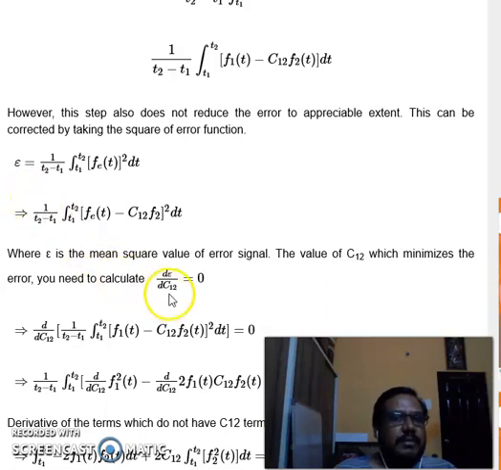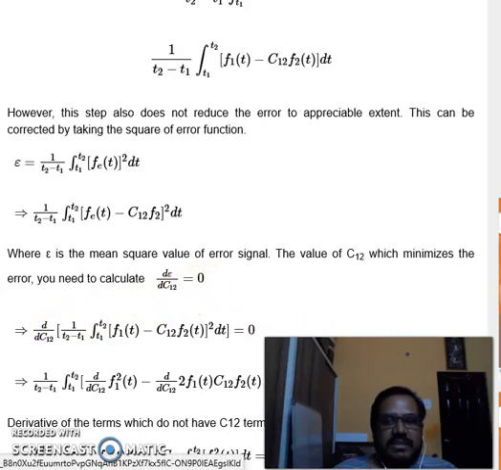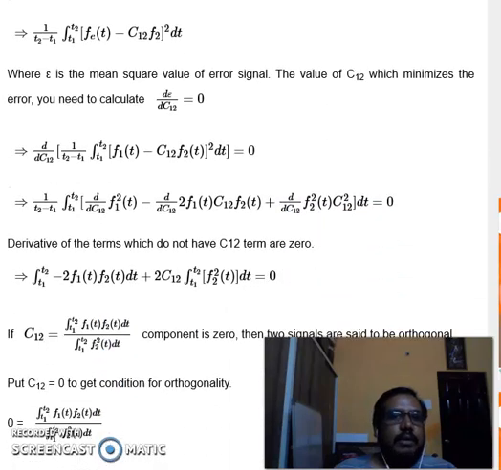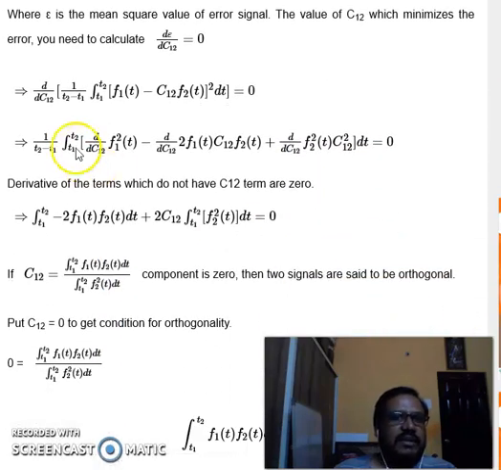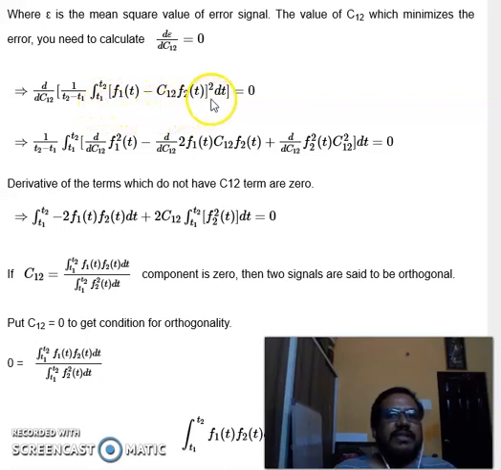Whenever a quantity is minimized, its derivative is 0. So once its derivative is made 0, dou by dou c12 of 1 by t2 minus t1 integral of t1 to t2 of f1 of t minus c12 f2 of t whole square dt is equal to 0.